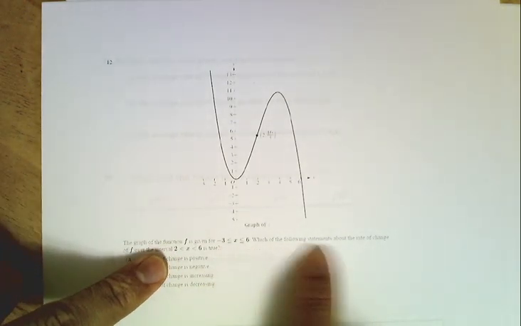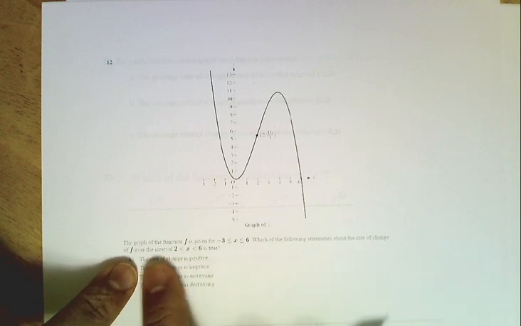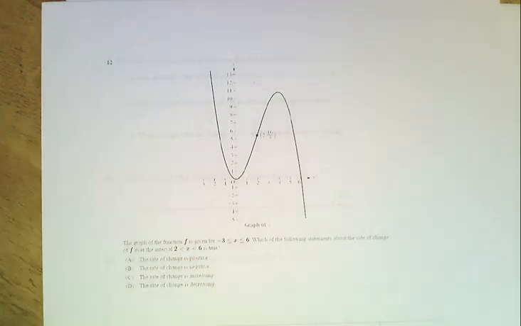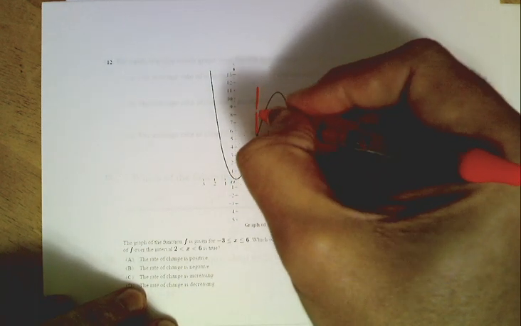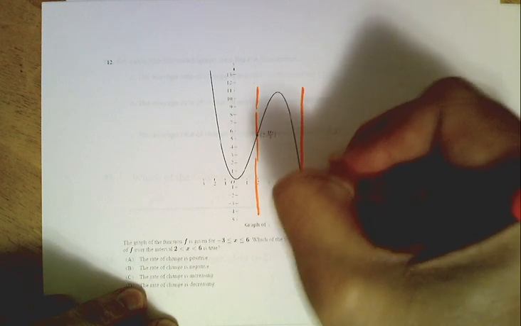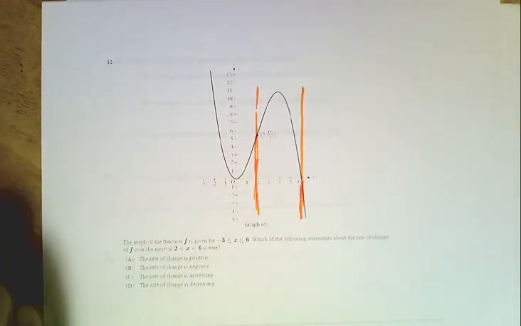Which of the following statements about the rate of change of f over the interval 2 to 6? So the rate of change, the interval from 2 to 6. So about from there to there. We need to figure out what's true about this rate of change.